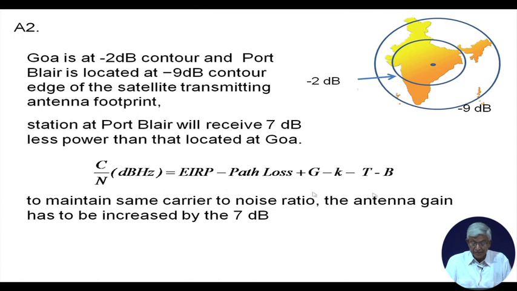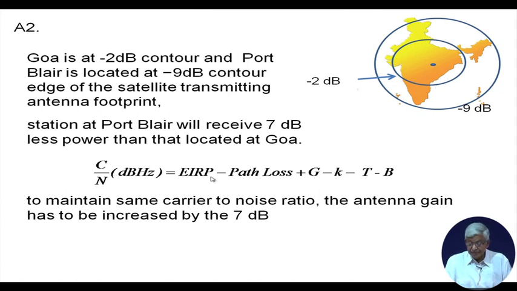Since it is in dB, it is written with plus and minus, and since it is in the denominator, all are minus. So, KTB is minus. So, this is C by N. Now, C by N at Goa and at Port Blair we want to maintain the same. Now, for that, the EIRP from the satellite at both places is the same.